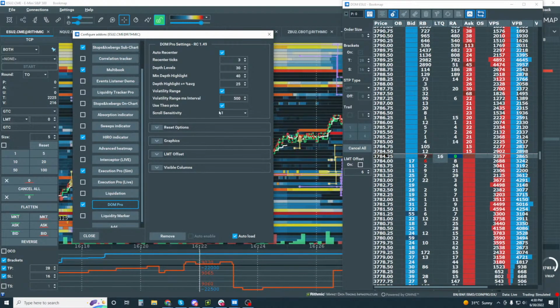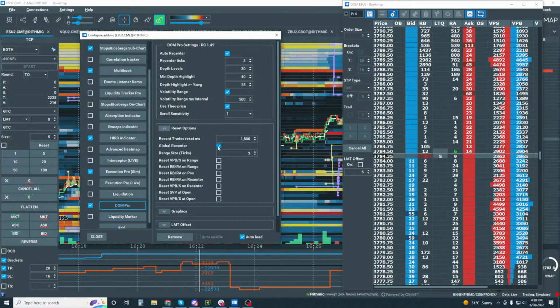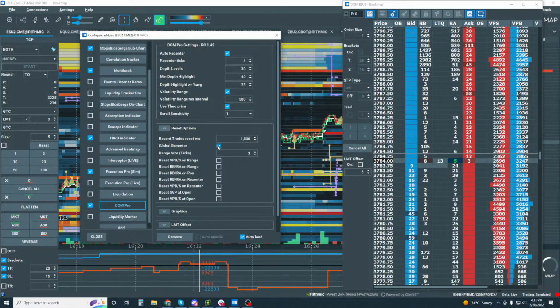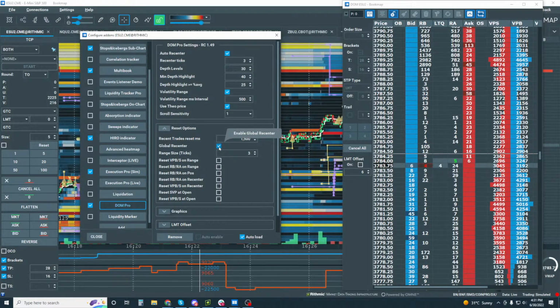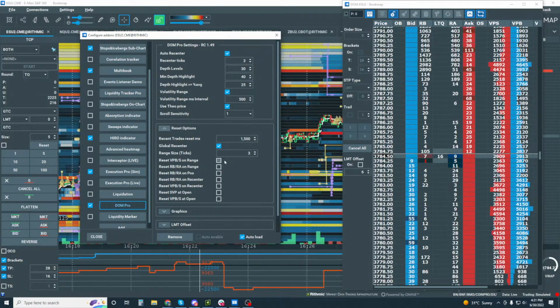Now I've got it set on global positioning here. If I deselect this, it will decouple all of them. What it means is, if you recenter ES, it won't recenter the others. So it's only dependent on the one that you select this within.